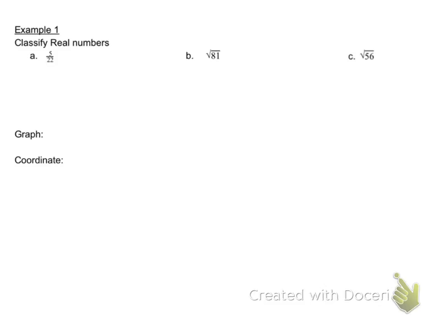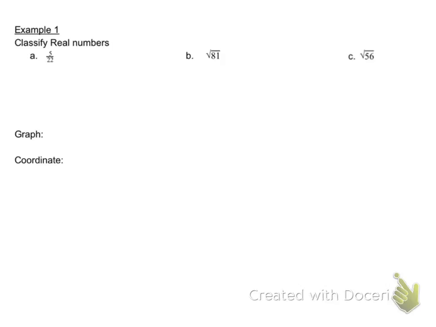Example 1: I have 3 different numbers, and I want you to classify them for me. So I'll give you a second or two, write those down, and you try them. Tell me every single one of the classes that they're in. So, first one, 5 over 22. 5 divided by 22. Does it turn out to be a nice number?